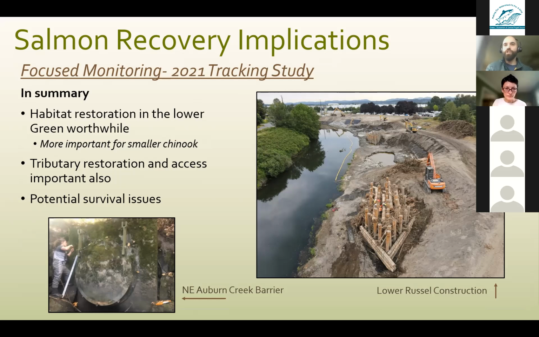So off-channel, slower areas. These results speak highly that projects like Downey are going to be successful for salmon recovery. This also speaks to the tributaries too, that tributary restoration and access is important. We know that those tribs are growing the parr that are going to survive to adulthood.